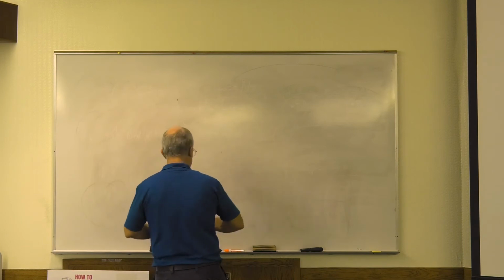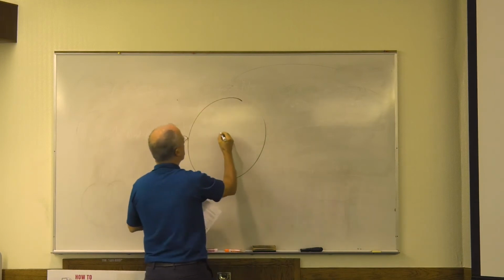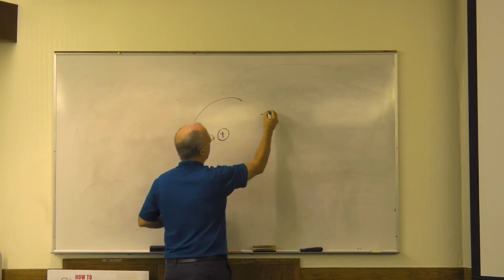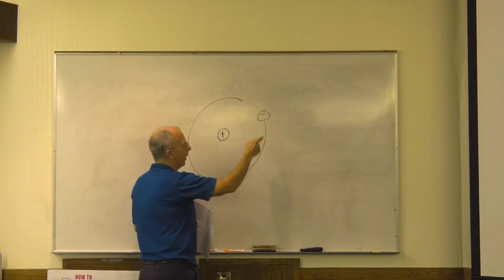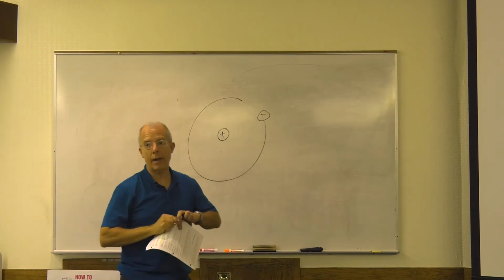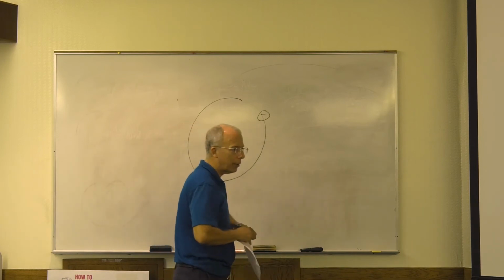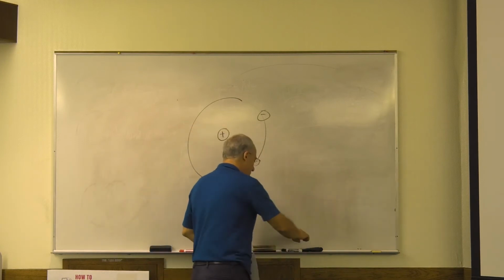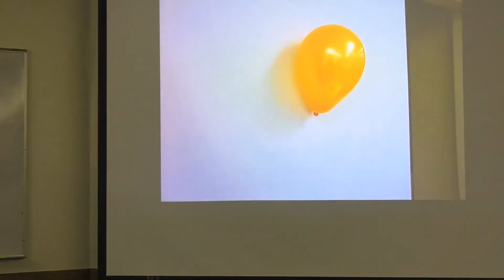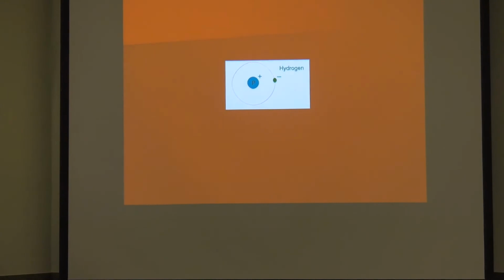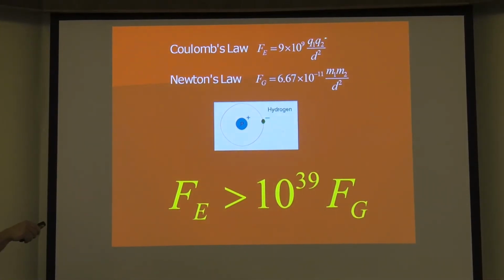Okay, so let's look at the hydrogen atom. Hydrogen has a single proton in the middle and an electron going around it, right? The proton has mass, the electron has mass. We can figure out the gravitational force between them. They also have charges. We can figure out the electrical force between them. So I'm just going to show you the answer. Here's the electrical force law.